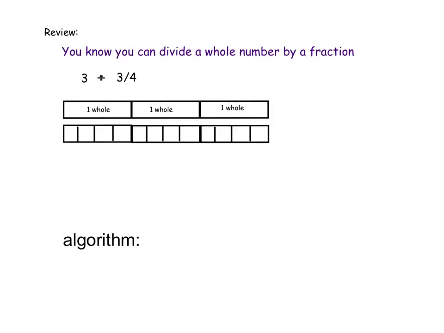So we have 3/4 once, 3/4 twice, and let me point out that each of these is a whole, and I am representing each whole as fourths down here. So 3/4 fits into 3, 1, 2, 3, 4 times. So 3 divided by 3/4 is 4.